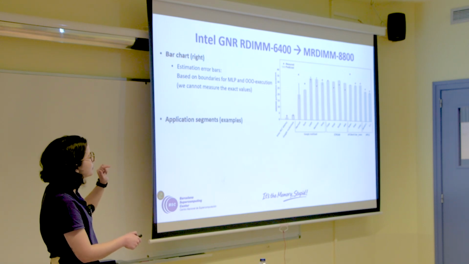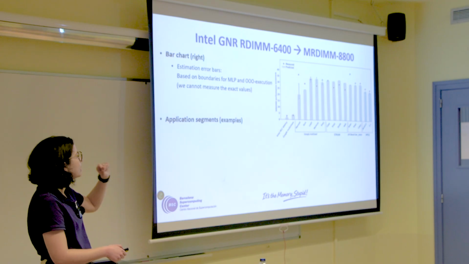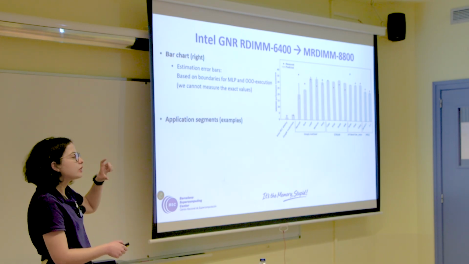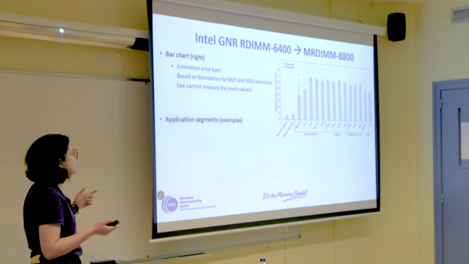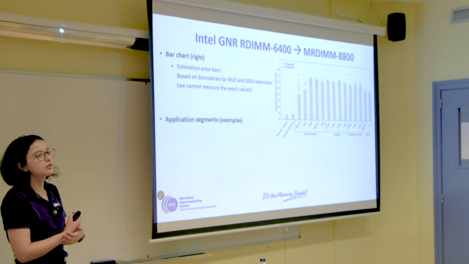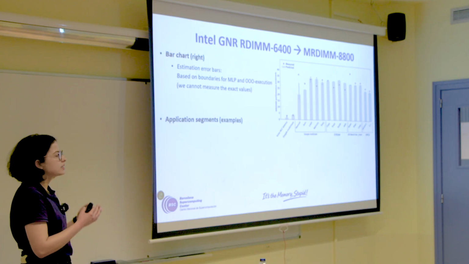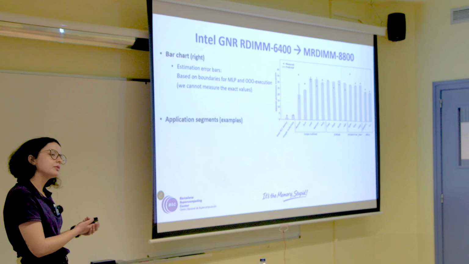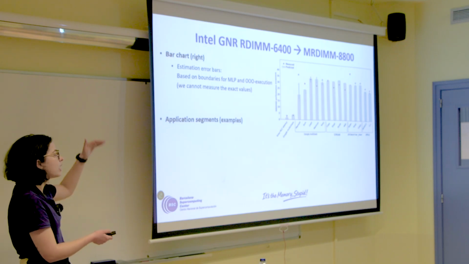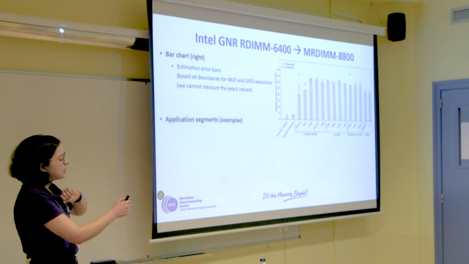The gray bar is your predicted, and we have error bars on the gray bars that are related to some boundaries that we cannot measure. We have some boundaries in this system of equations that we cannot measure, so we bound them. That's why we have the error bars.